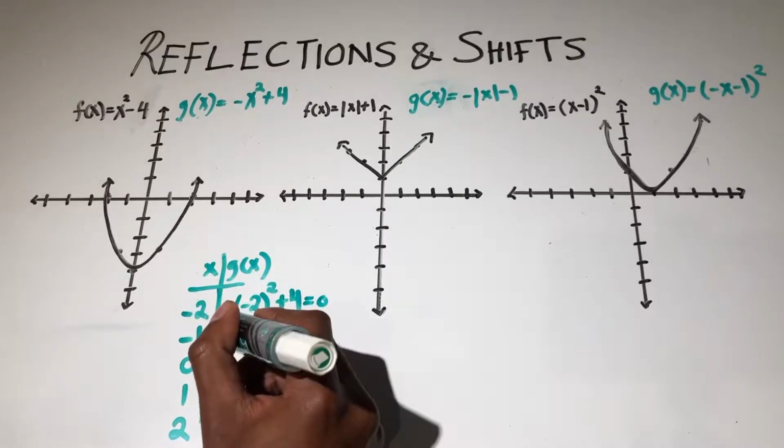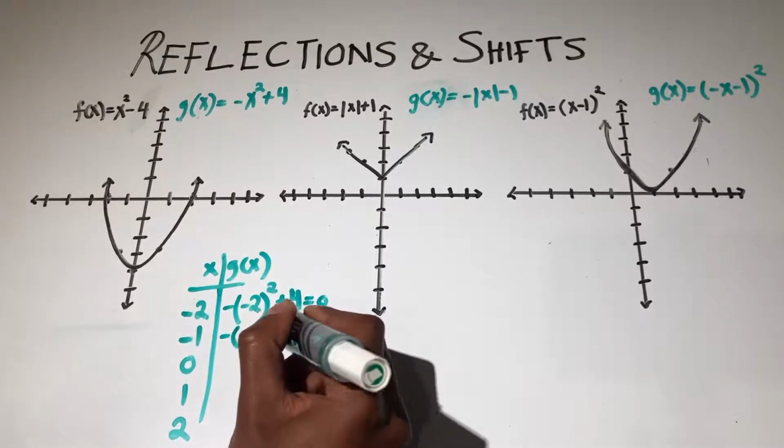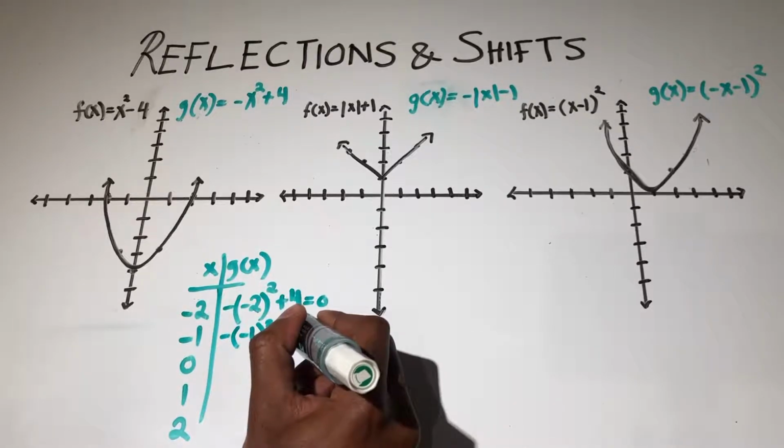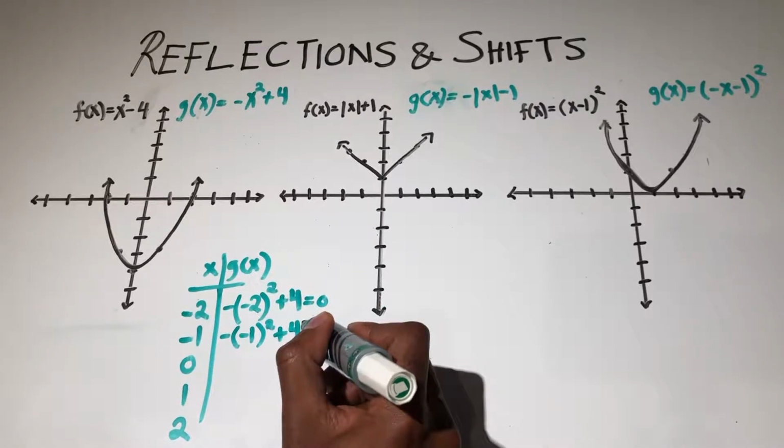We have -1 squared plus 4. -1 squared is just 1, and then -1 plus 4 is going to give us 3.